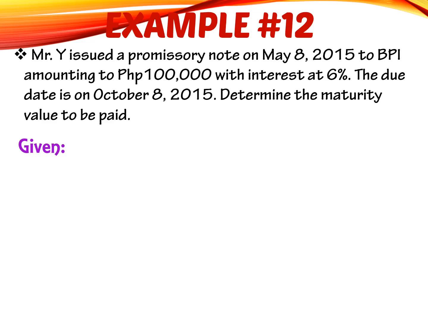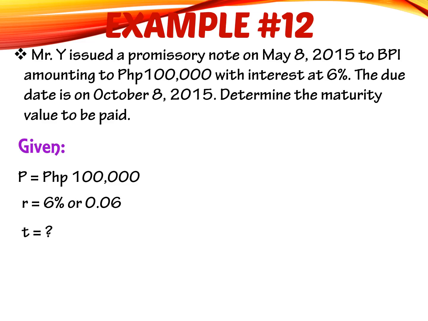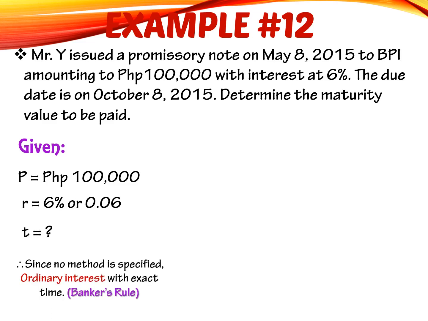So here the given is 100,000 and then your rate is 0.06 or 6%, and then the time is to be determined using the banker's rule since there is no specified method. So when we say banker's rule, we will compute the ordinary interest with exact time.